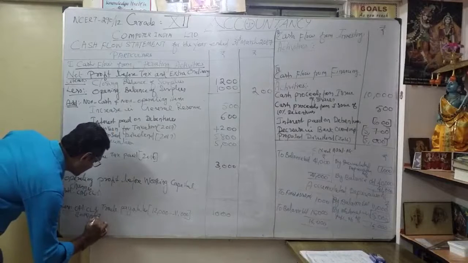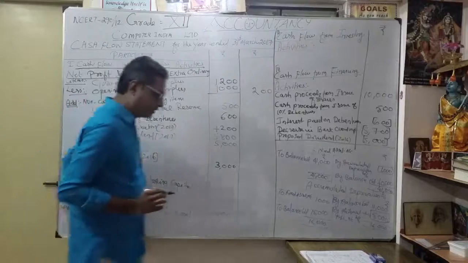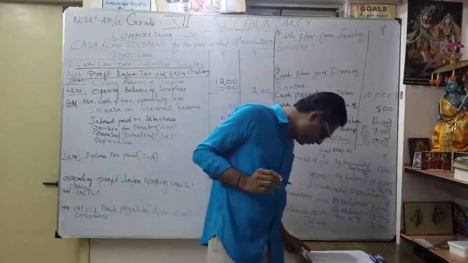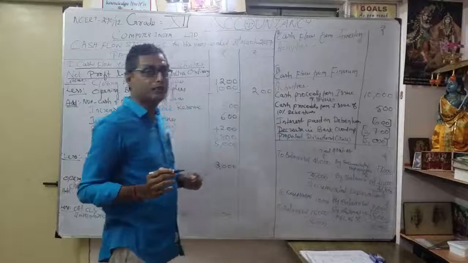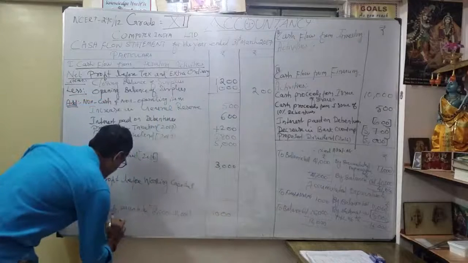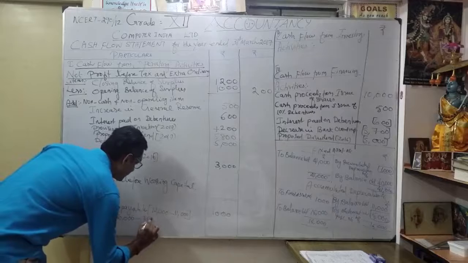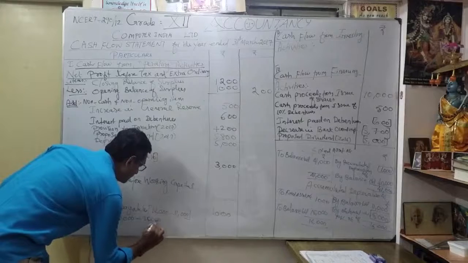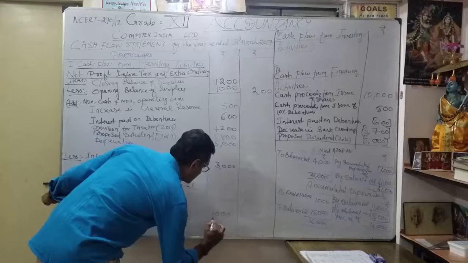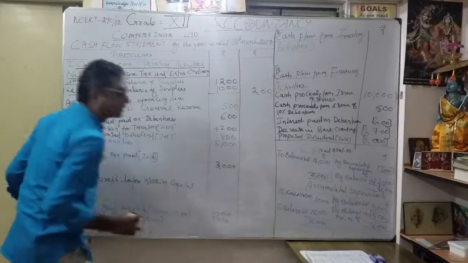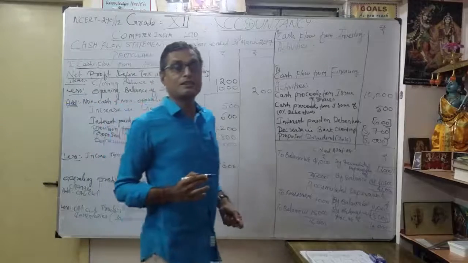How much do you have to write in the bracket? 30,000 become 35,000. So what will you get? 5,000. That's our increase in inventories under current assets.